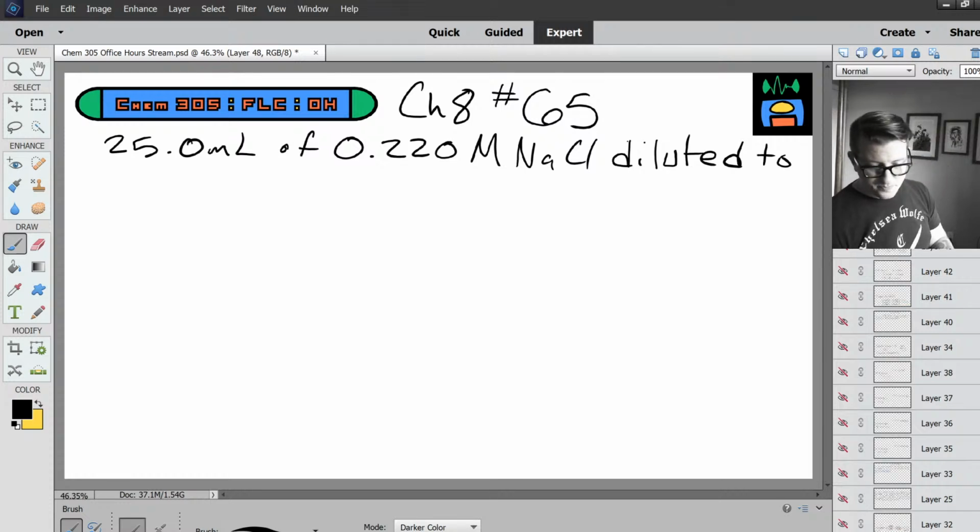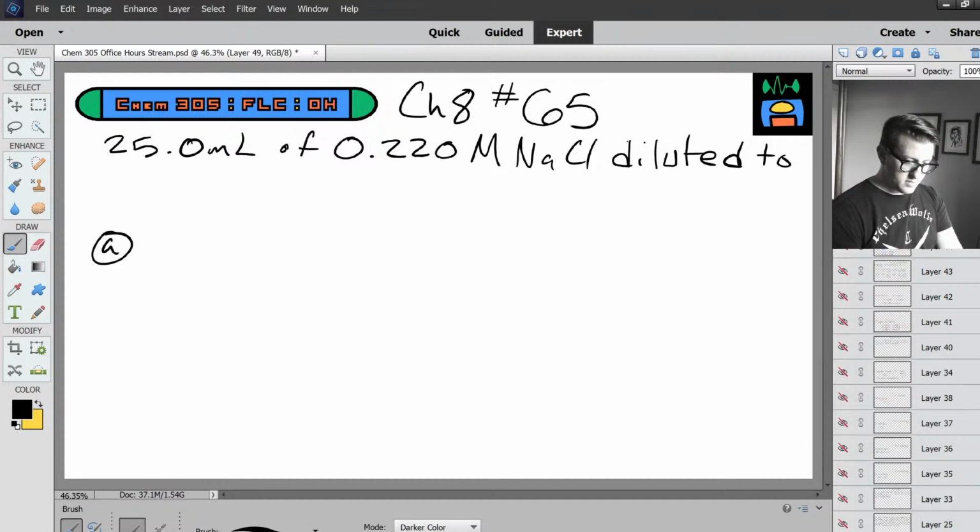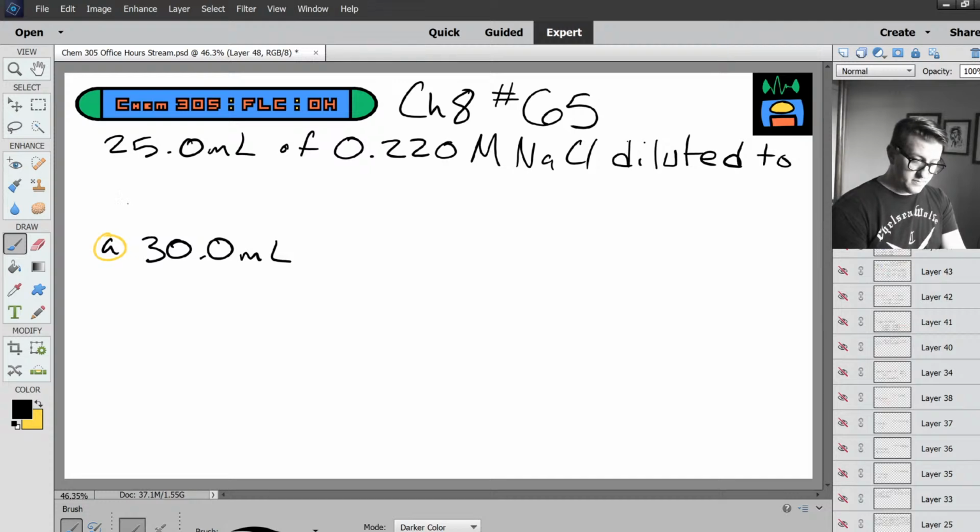Brianna, you are welcome. For example, in part A, they tell us to dilute it to 30.0 milliliters. Well, this is a dilution problem, right? M1 V1 equals M2 V2.